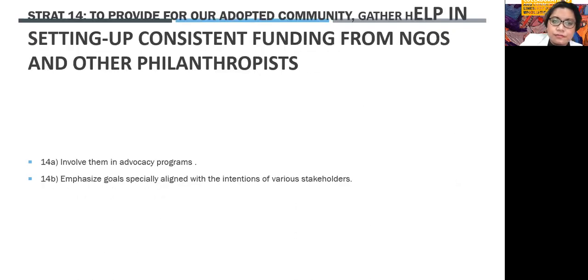So, strategy 14, to provide for our adapted community, gather help in setting up consistent funding, of course, from NGOs and other philanthropists by involving them in advocacy programs or emphasizing goals especially aligned with their intentions as various stakeholders.